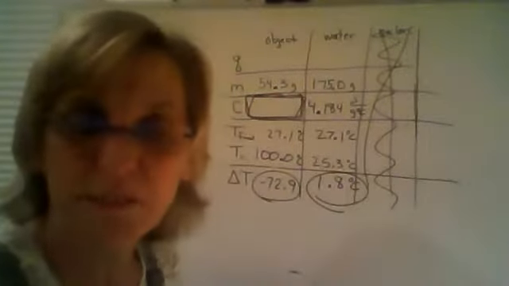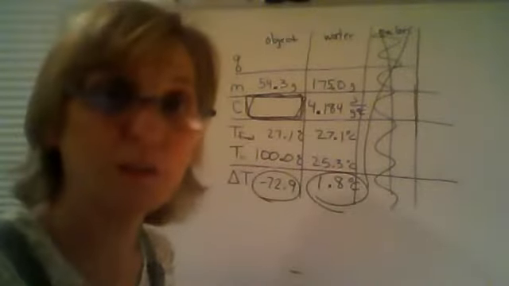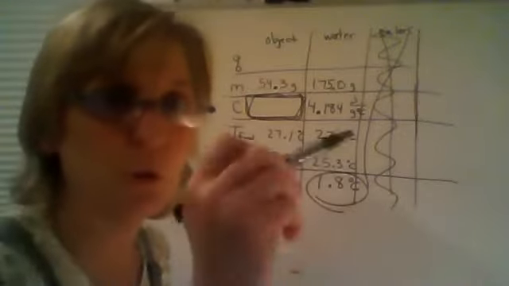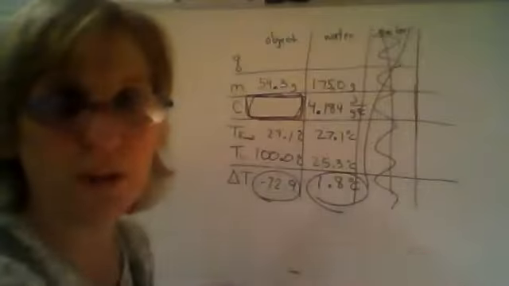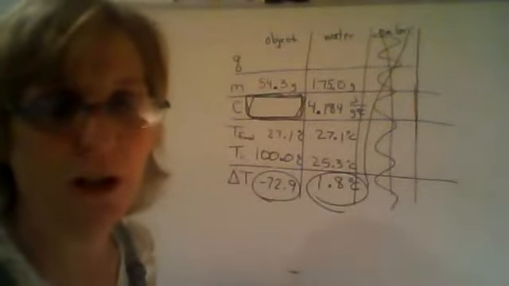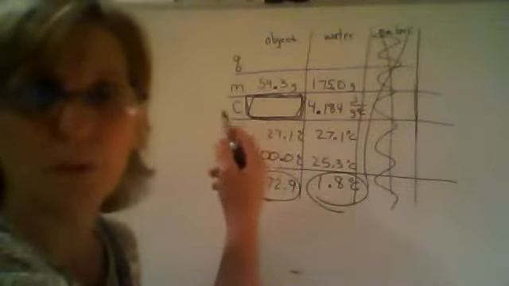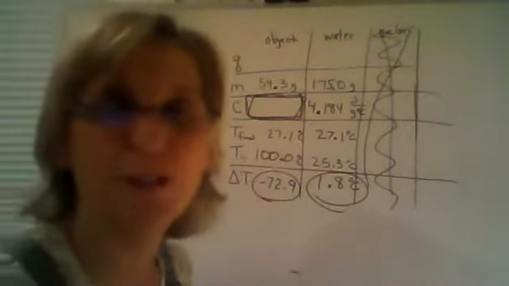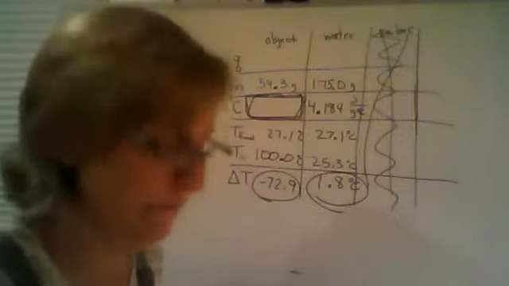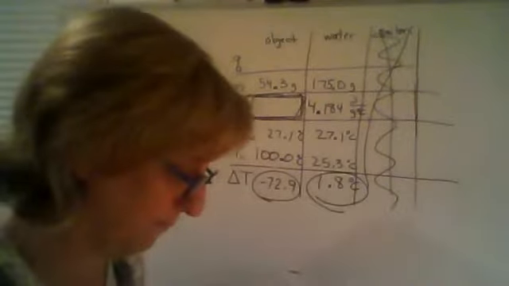I'm looking for specific heat, so I'm also looking for a certain unit: joules per gram degree Celsius. So if I do some math problem down here and I end up with grams, I go, wait, that's not what I'm looking for. I'm looking for joules per gram degree Celsius. I'm just saying that because you can help yourself keep track of whether you're on the right track or not.